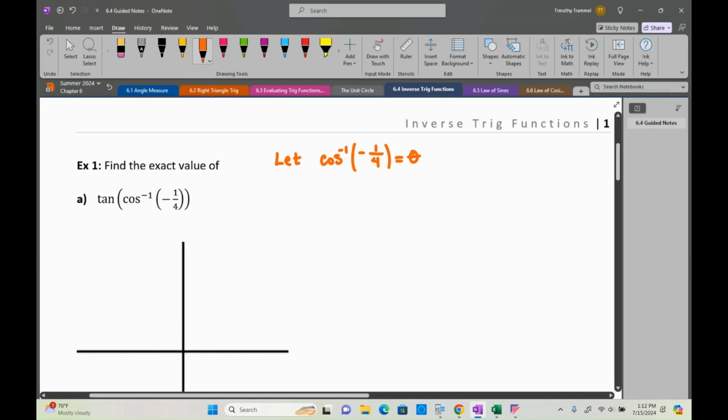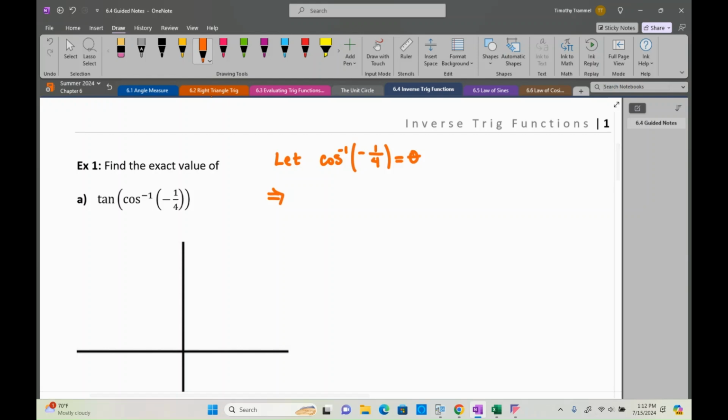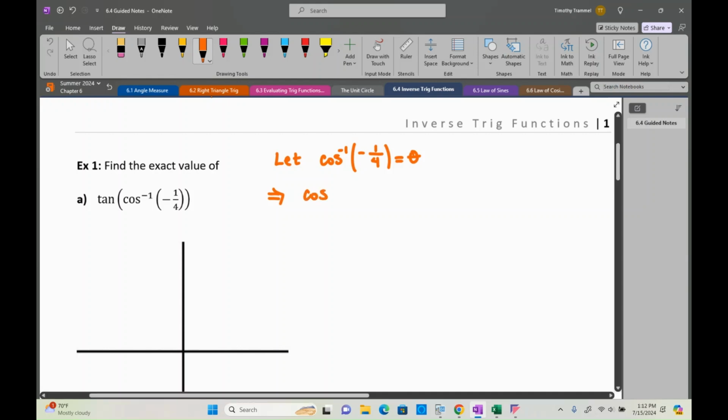And the reason we're going to be able to sketch a triangle is this means that whatever that angle theta is that cosine inverse is giving us, it should also be true that cosine of that angle is equal to minus 1/4.